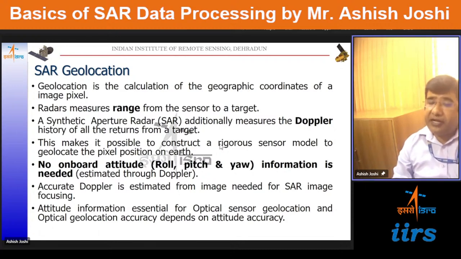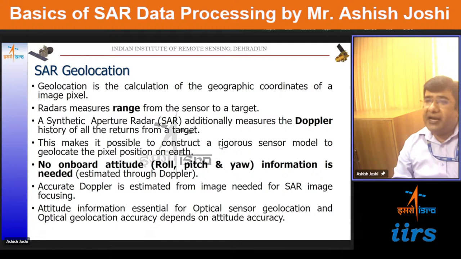and it will depend on the attitude accuracy. In the case of the optical sensor, the geolocation depends on the roll, pitch, yaw, and these onboard may have some inaccuracies. So the optical sensor may have some geolocation inaccuracies due to these attitude inaccuracies.